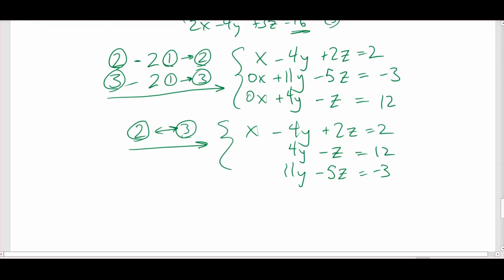All right. So now, essentially, we're done with the first equation because that has an x in it. And if we combine that with any of the other two, we're going to be introducing that x back in there, and we really don't want to do that. So yeah, let's get rid of this 4 in that position. We can just replace row 2 with 1/4 times row 2.